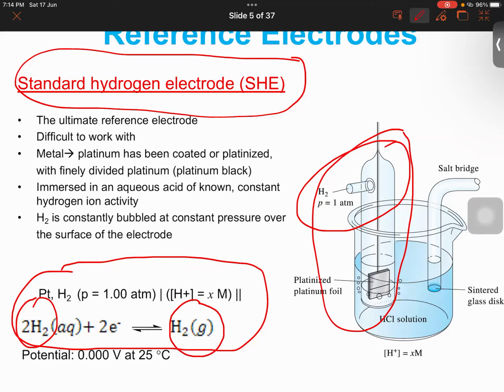It's supposed to be 2H plus. So this is, if you remember, what we call the standard hydrogen electrode.